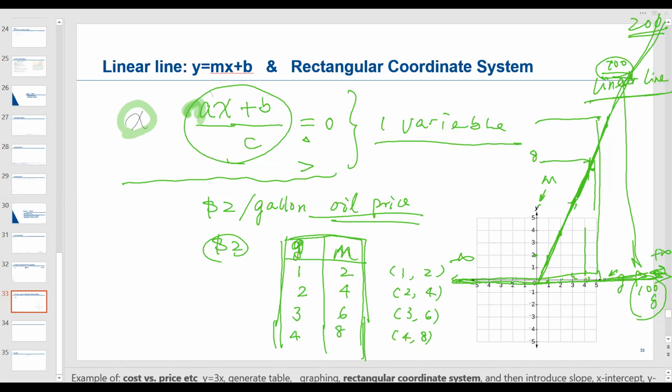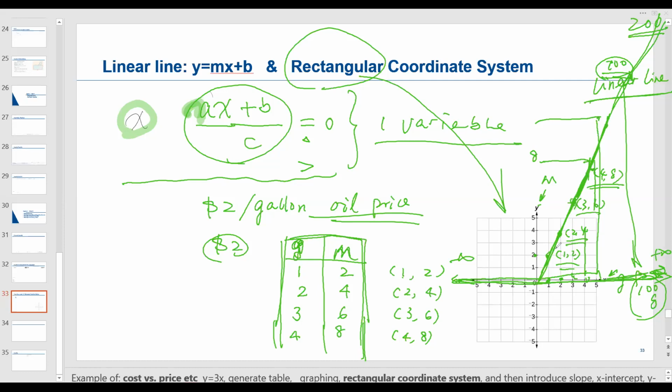You can also use graphing methods. This method we now call the rectangular coordinate system. Earlier each dot was just one number, right? But now we're introducing the coordinate system, like 1, 2. This is 2, 4, and this is 3, 6, right? And you paid 4, 8. We call it the rectangular coordinate system. And each dot now is not one number.